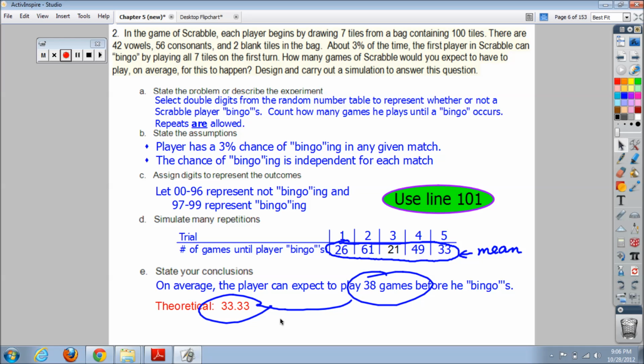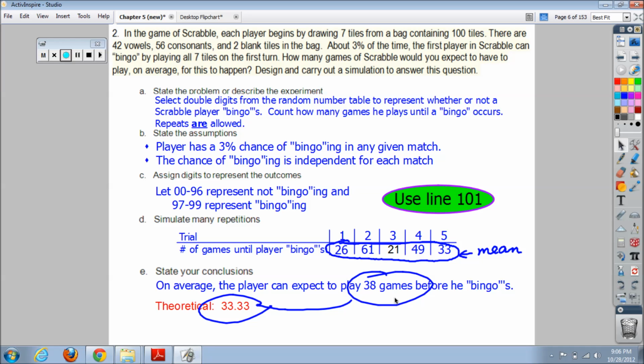Now if you were to use some other line of the random number table, would you come up with these same 5 numbers to get 38 in the end? No, you probably wouldn't. Does that mean that the line you picked off the random number table is wrong or it's off? No, it was just random chance that that's the number that you got.